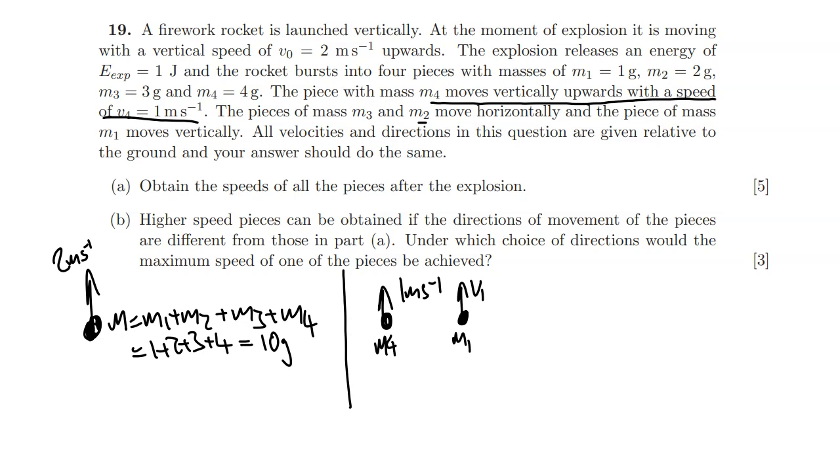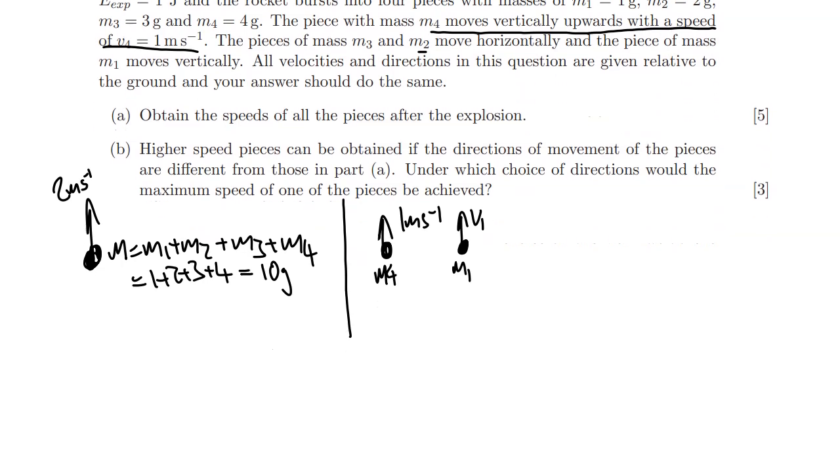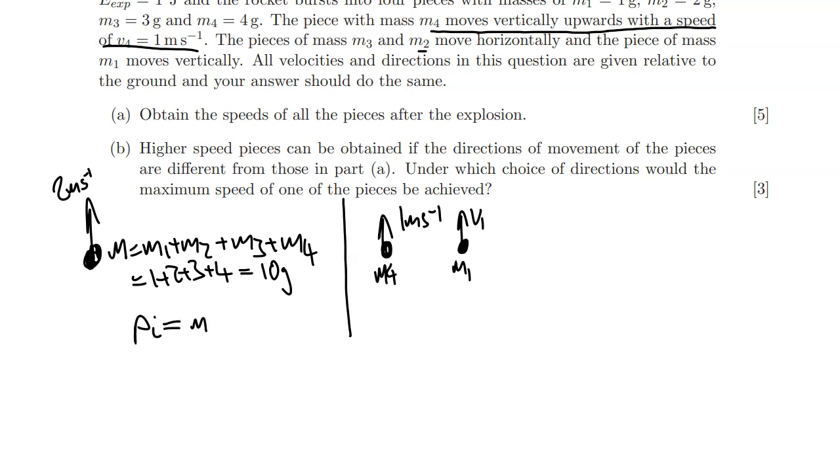First, let's just care about the vertical direction and do some maths. The initial momentum will equal the final momentum by conservation of momentum. The initial momentum equals the initial mass times the initial velocity. I'm going to write this in kilograms, converting grams to kilograms because I like to convert everything to standard SI so that I don't slip up.